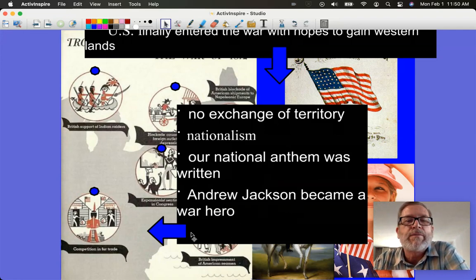And another thing that comes out of the War of 1812 is an American hero. Well, at least he was an American hero in the newspapers, but he was a person by the name of Andrew Jackson. Andrew Jackson, a Southerner from Tennessee, who will go to New Orleans with a militia and, vastly outnumbered, he will fend off a British attack of New Orleans and become an iconic American hero overnight.